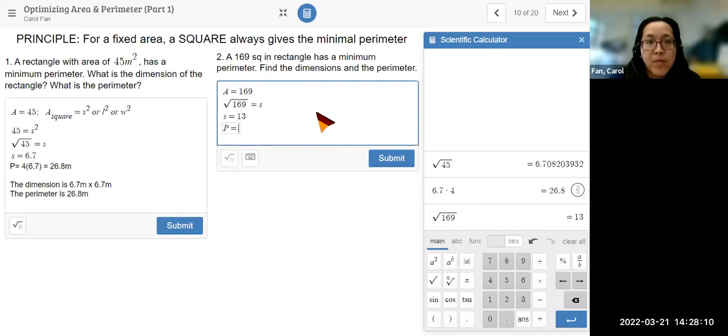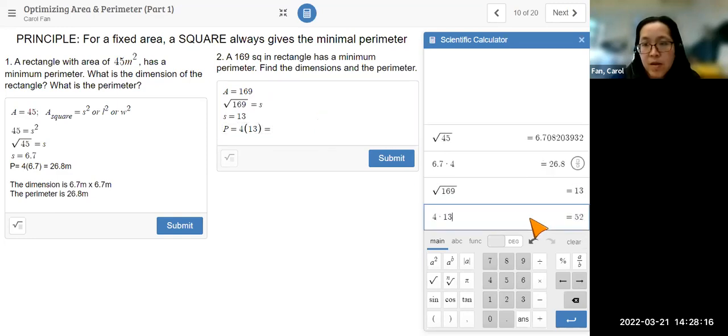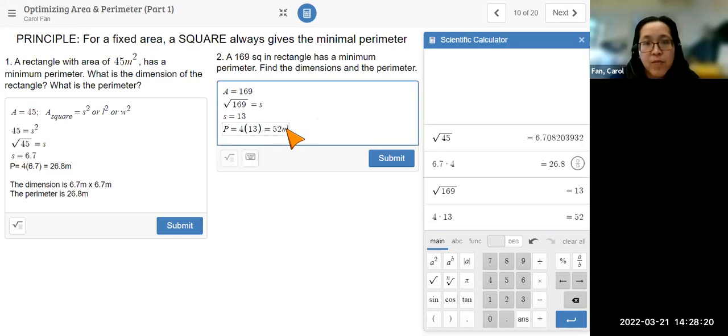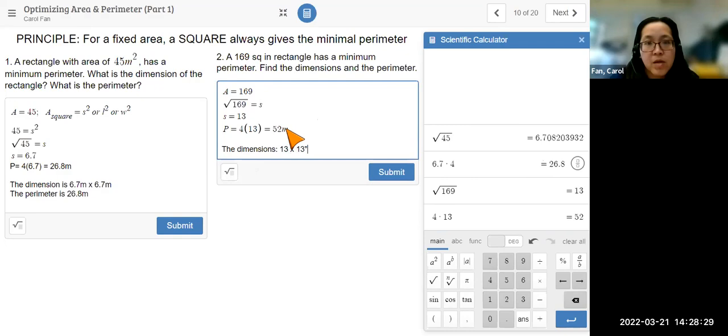And my perimeter is going to be 4 times 13. And we have 52 meters. So 13 inches by 13 inches.